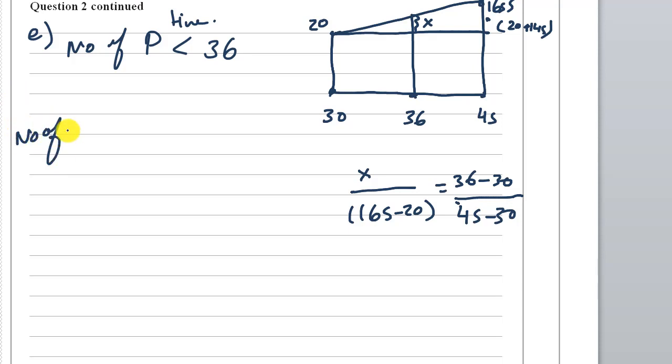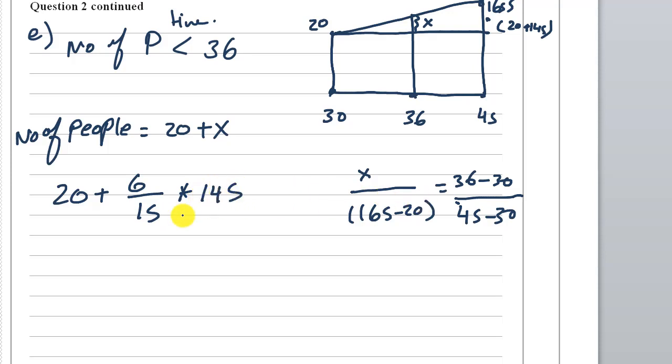So the number of people is equal to 20 plus x. So 20 plus (36 minus 30) divided by 15 multiplied by 145.